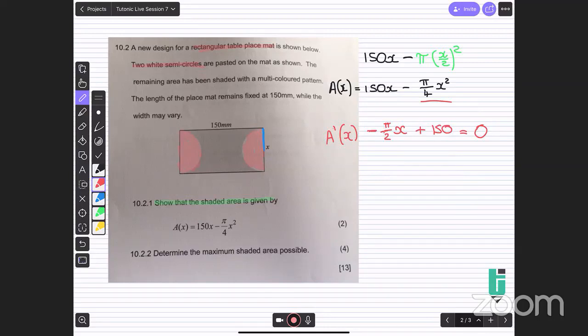But you can take over the 150, but I always like to work with positives, not with negatives. It's just easier. So pi over 2 x equals 150.